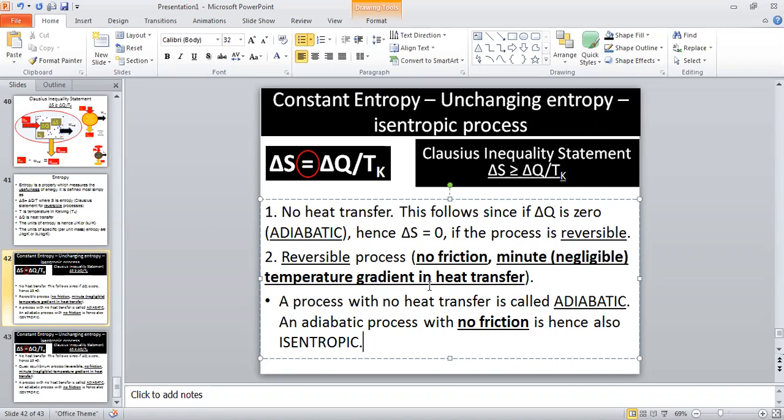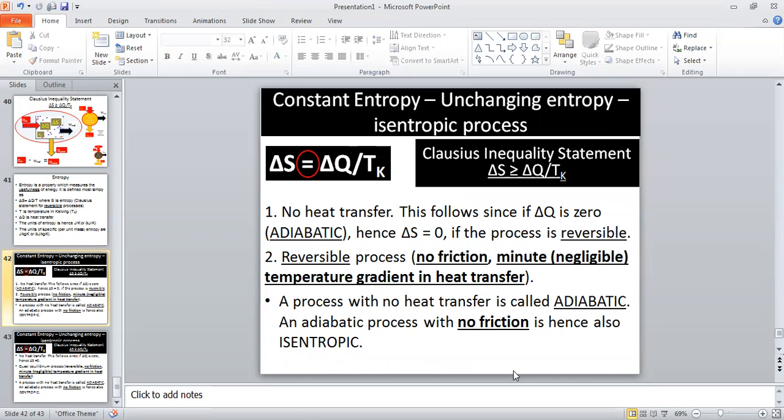See, no heat transfer here. Negligible temperature gradient in heat transfer is reversible, and no friction here. So no friction and no heat transfer. Okay, even no heat transfer for reversible process. Here no friction. Yeah, good. So I hope you can understand this. Make sure, this is a very important slide.